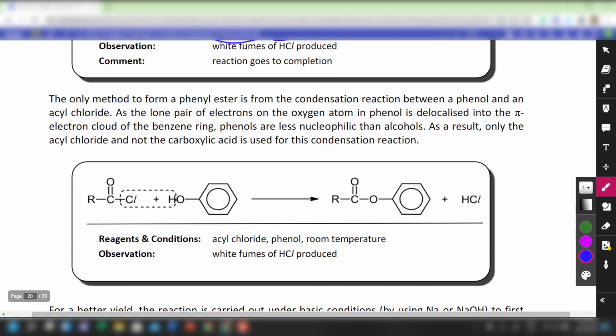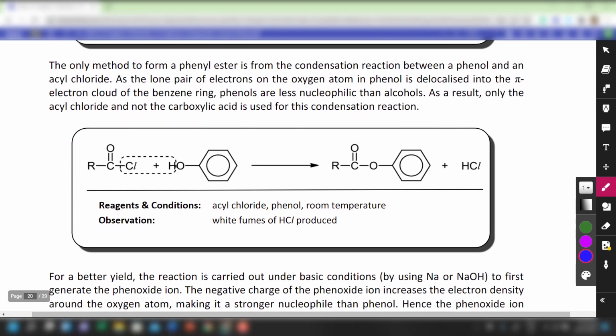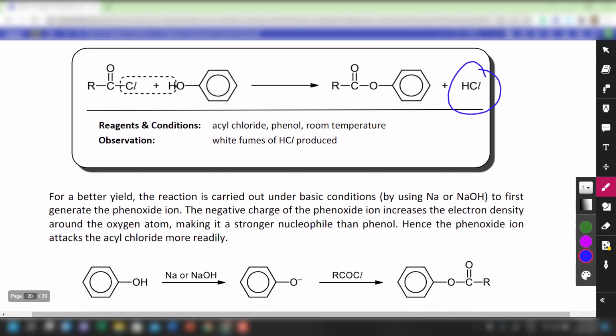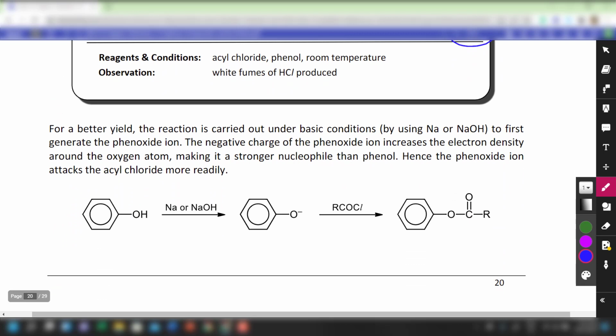Because of that, I do not need to use any catalyst. I can simply just use phenol and acyl chloride, and then boom, they'll react. And in the process, white fumes of HCl are released. This two-part topic tends to be confused by students, the reactivity of alcohols and phenol towards carboxylic acid and acyl chloride. So when in doubt, please come back to this particular page for revision.